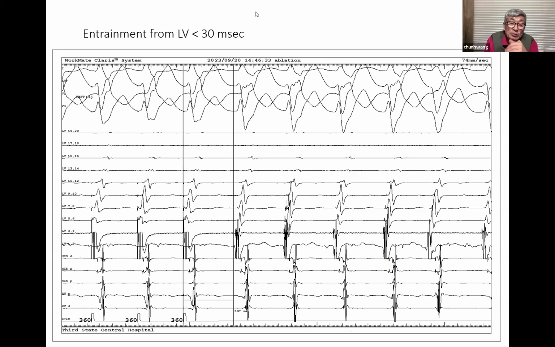Now you need to be careful here because your output is very high, capturing both myocardium and the Purkinje fascicle. You see that? So for you to do this, you really need to put the output all the way down and increase very slowly.